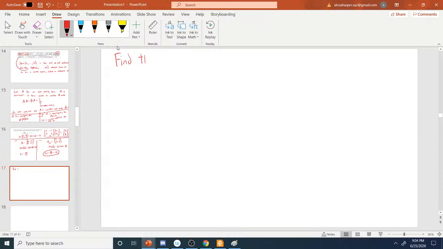Find the volume of the parallelepiped spanned by, let's say, v1 is going to be 1, 4, 2. v2 will be 3, 6, 8.